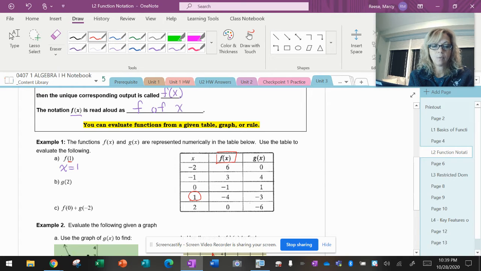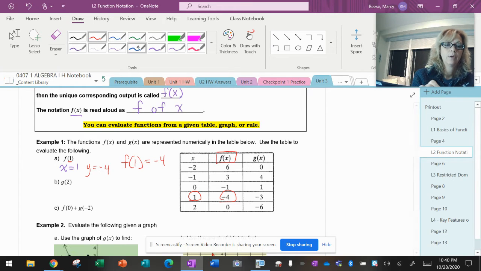If I know when x is 1, because it said f of 1, that's the input, the 1's the input, and I go to the f of x function, what's my output? My output's -4. So this is when x is 1, y is -4. So that means f of 1, meaning when I put the 1 input into the f function, my result will be -4. So it's nothing more than a coordinate point, right?